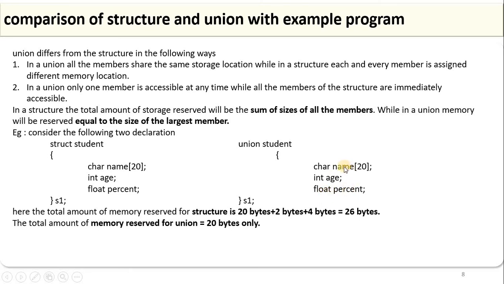Name is bigger because it takes 20 bytes. So the memory allocated to the union would be the size of the largest member, that is 20 bytes. So the structure is allocated 26 bytes, whereas a union is reserved only 20 bytes. These are the differences between a structure and a union.